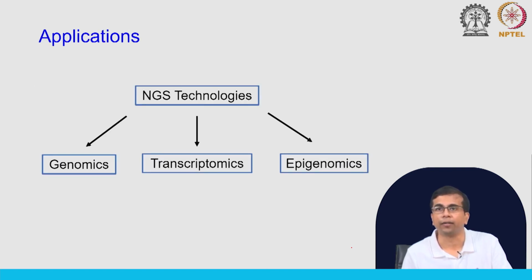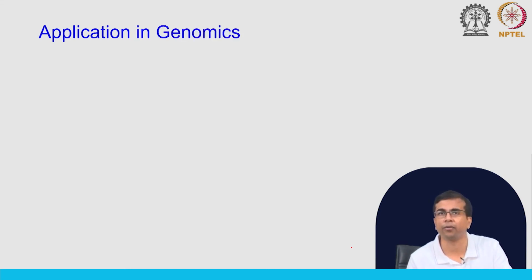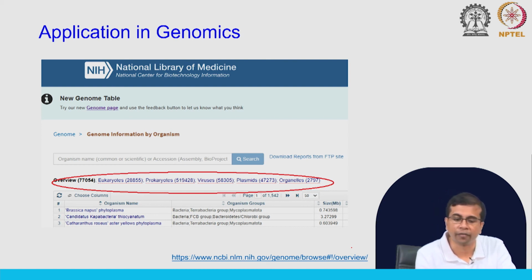Okay. So, coming to the applications, NGS technologies have had a huge impact on different fields: genomics, transcriptomics, epigenomics. I will just very briefly mention these, and of course, you are welcome to read a bit more through the references. Here are some statistics: the number of eukaryote, prokaryote and virus genomes that have been deposited in these databases. You can see these numbers, right.